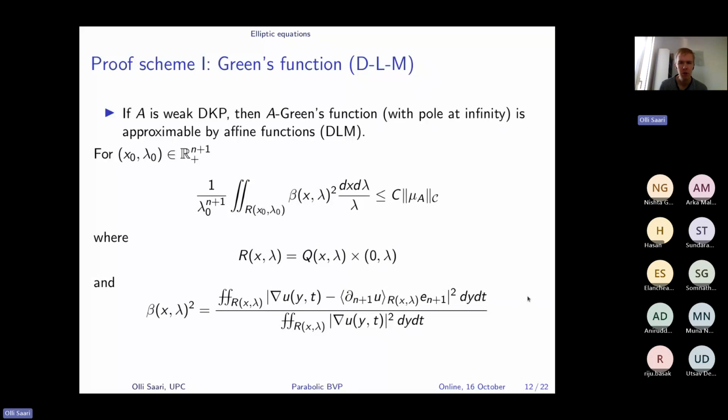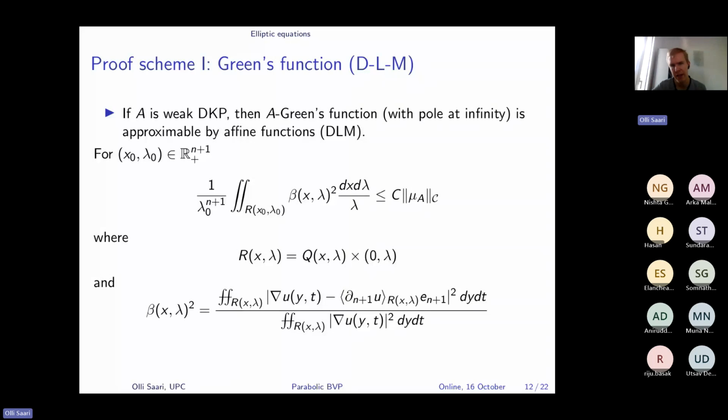And now this beta quantity should be small, and smallness of the beta quantity means the Green function has a gradient as we want. And this smallness was computed in terms of the square function appearing in the first display.